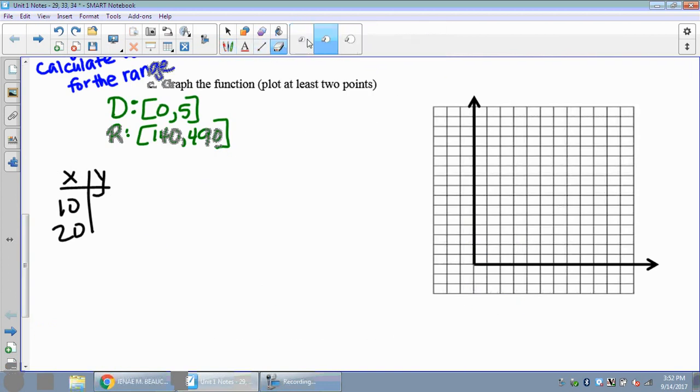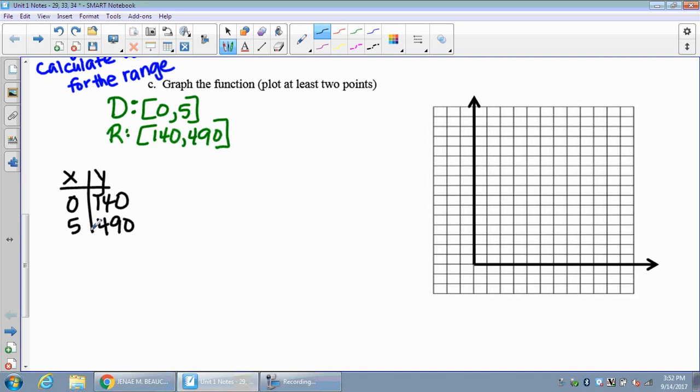But we've actually already done that work. We had an x value of 0, and when we plugged in 0, we got out 140. And we had an x value of 5. And when the x value was 5, the output we calculated was 490.